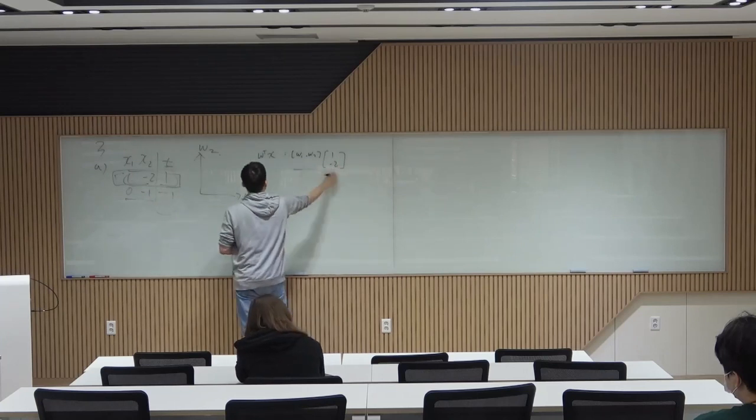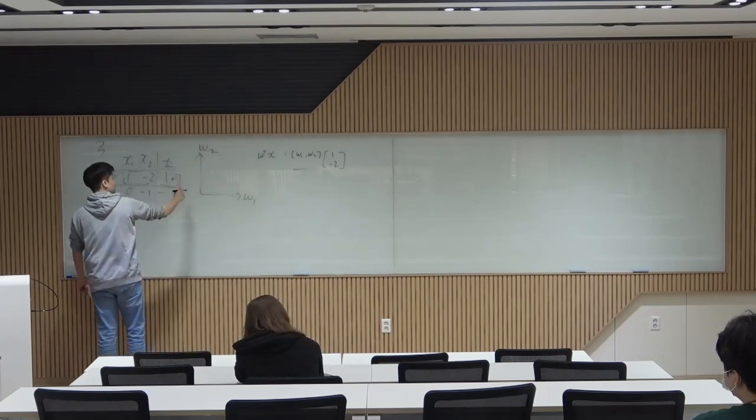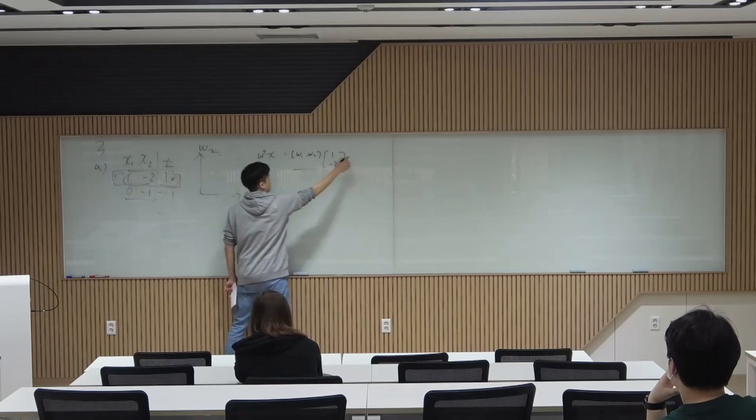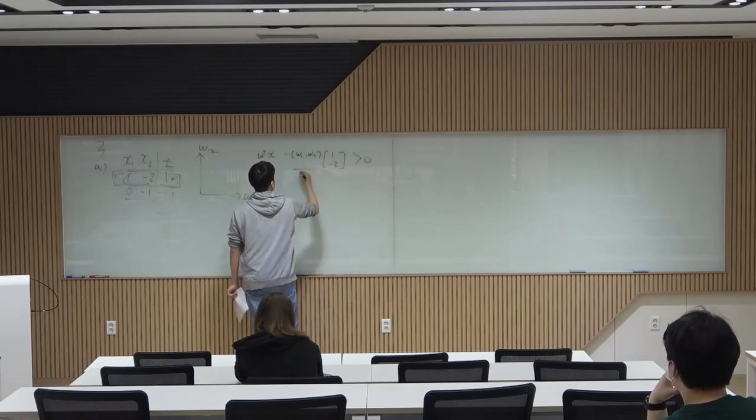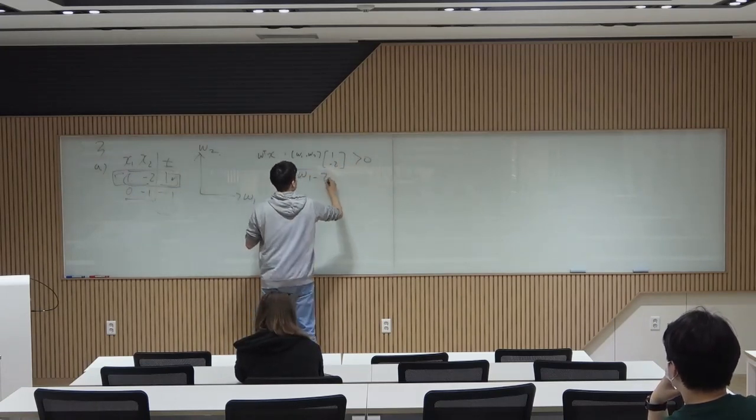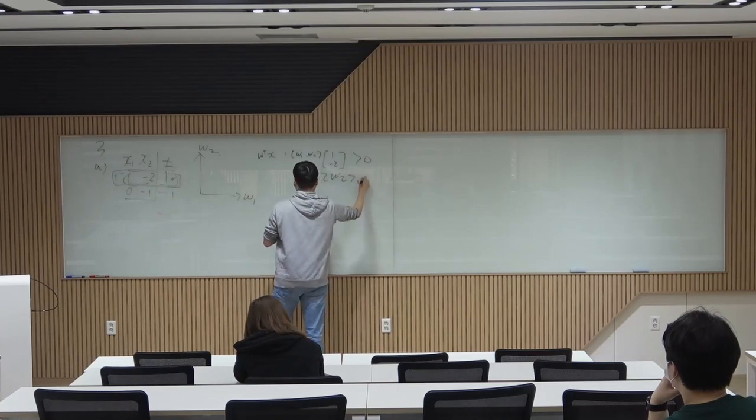And this belongs to the positive class, right? Then this should be positive. And this gives us W1 minus 2 W2 is positive.